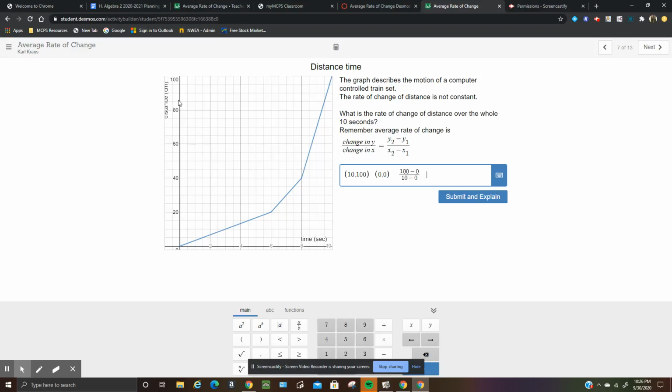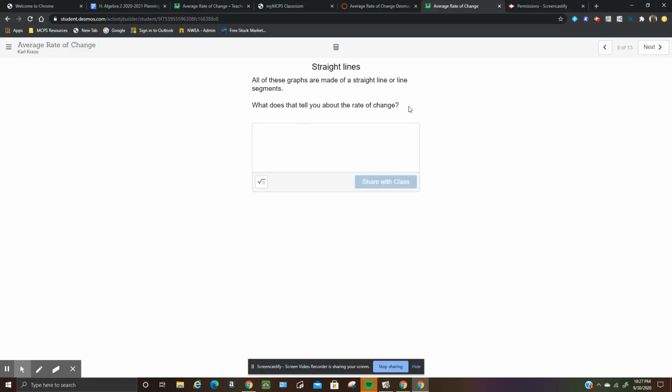So 10 centimeters per second. All these graphs are made of straight lines or line segments, which just tell you about the rate of change. So rate of change is constant for a line or line segment.